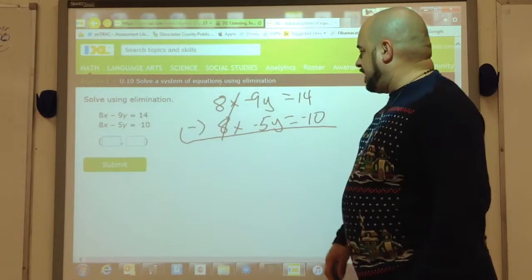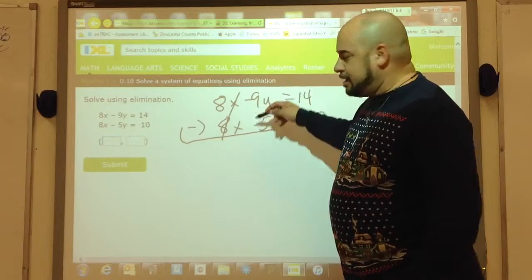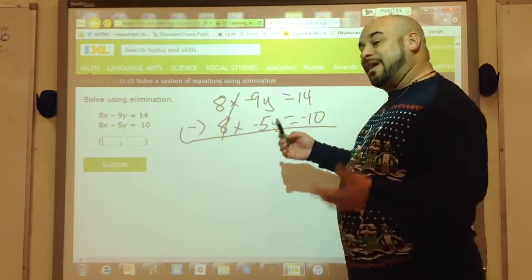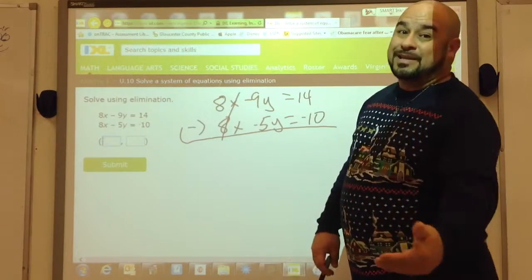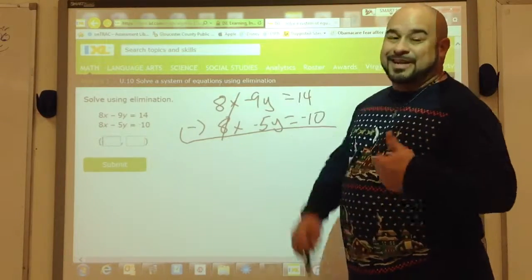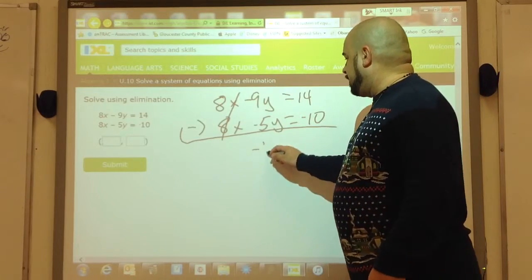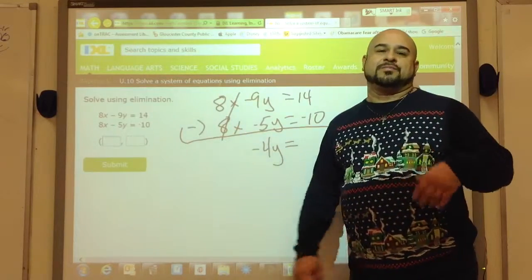So 8x minus 8x is gone. I have negative 9y minus negative 5y. And you can put it in your calculator if you want. Negative 9 minus negative 5, and it gives you negative 4. Because this minus and this minus become a plus.